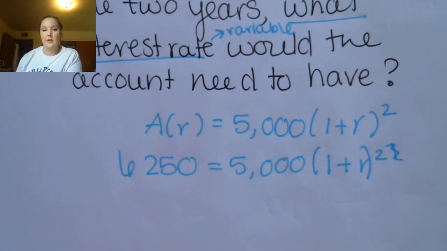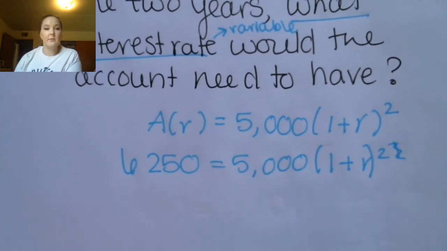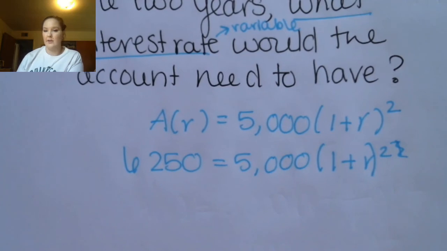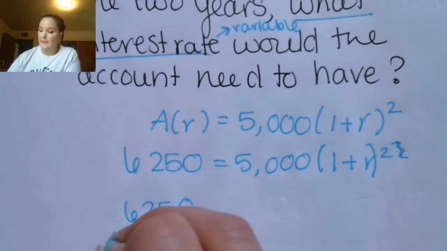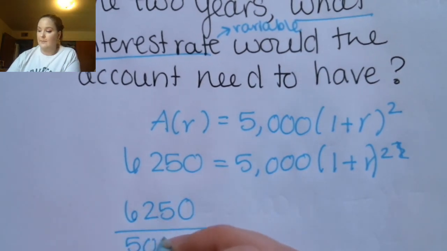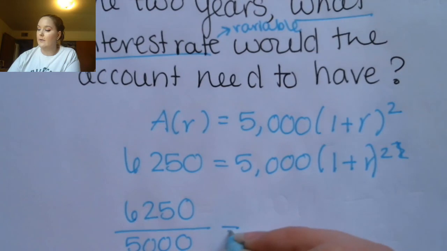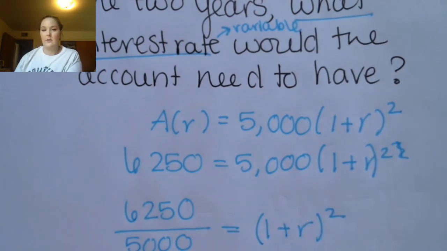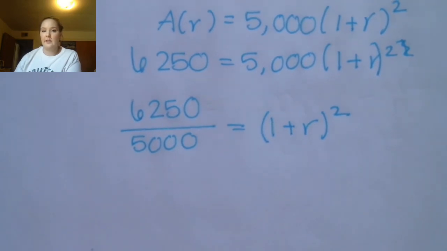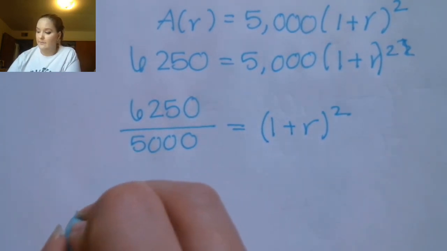So first we're solving for R. This is when we're going to use our extraction of roots method. We're going to isolate the square by dividing both sides by 5,000. Now we're going to take the square root of both sides.